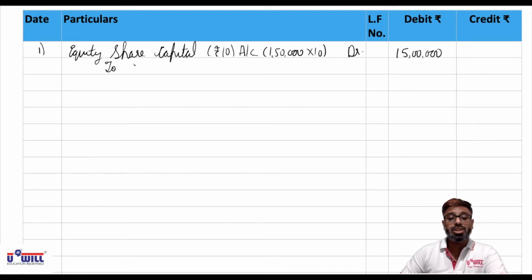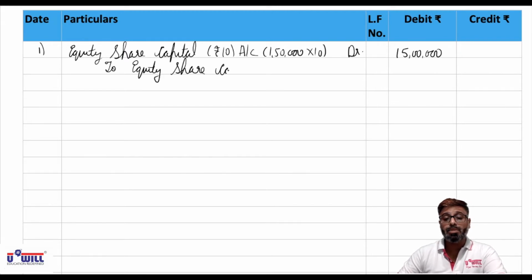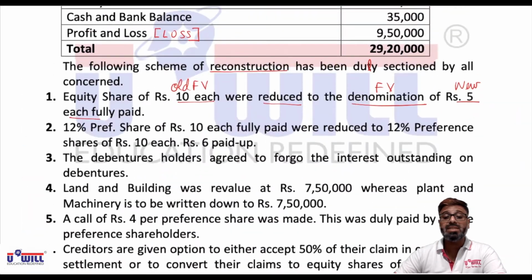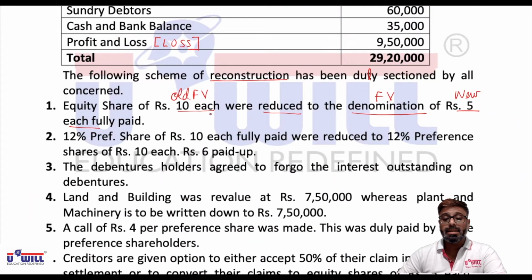To equity share capital with new face value, that is rupees 5 account. So the amount will be 1,50,000 into 5, that is 7,50,000, and the remaining 5 rupees which they decrease will be transferred to capital reduction account.